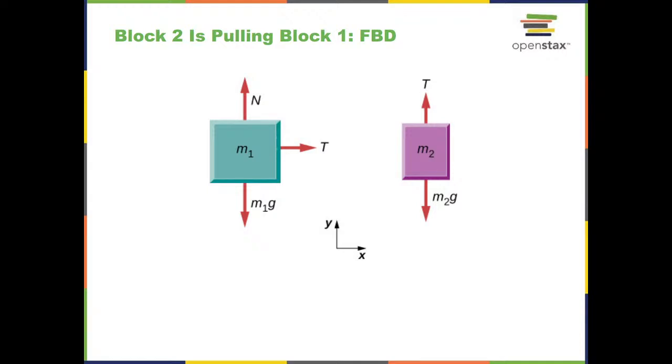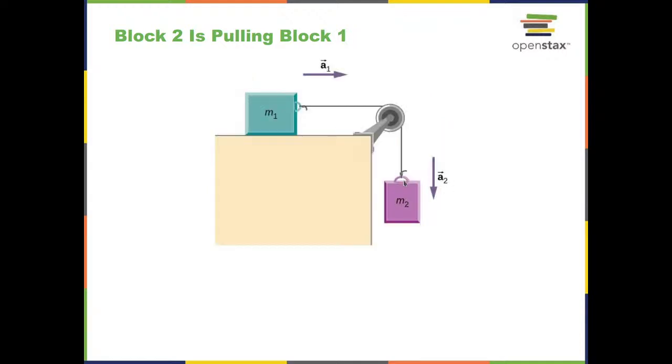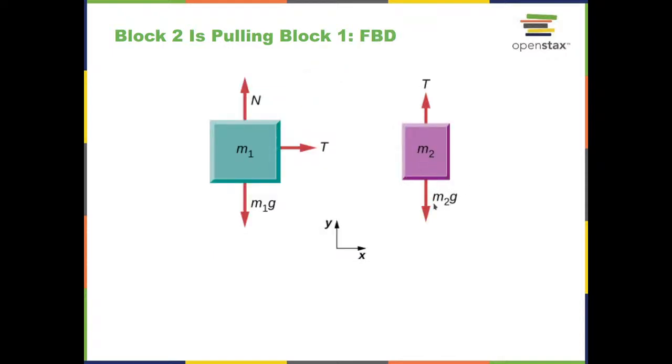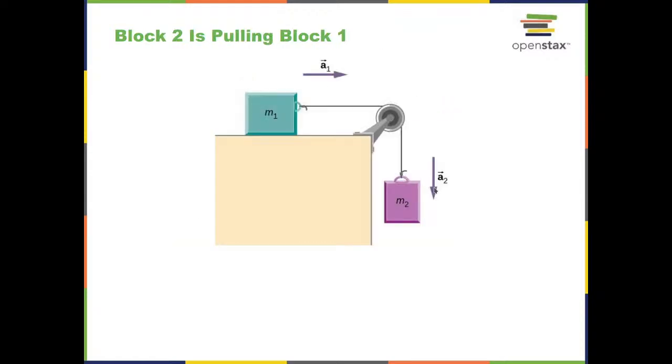In block 2, there's two forces. There's the tension that is pulling the block up, and then there's the weight of block 2 that is pulling the block down. So now we know that there's an acceleration a1 and an acceleration a2.